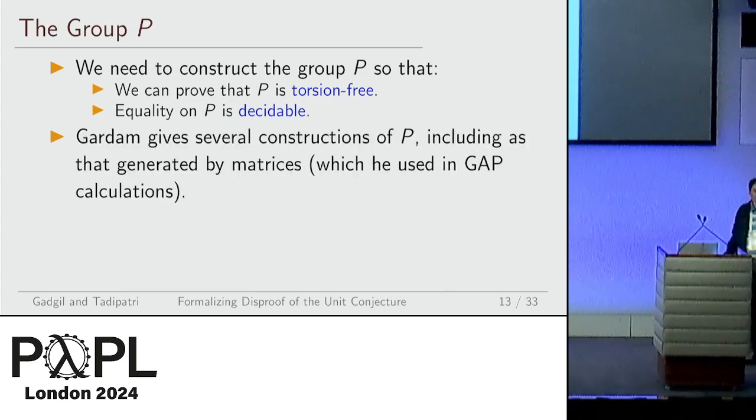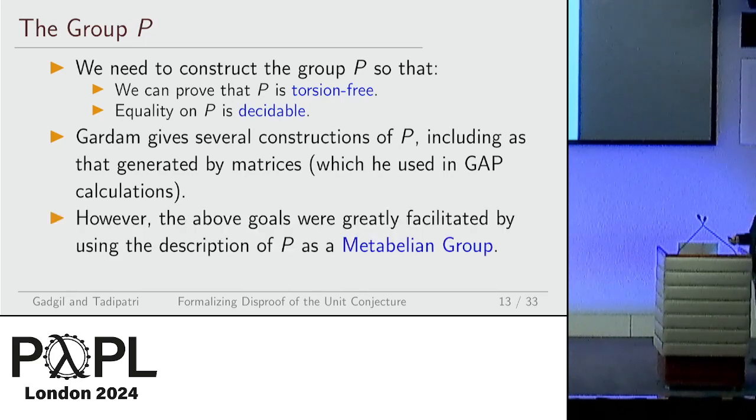Gardam gives lots of examples, descriptions of this group. They've been known for a while. It's in fact a three-manifold group, a crystallographic group, and he gives a description generated by matrices and uses this with GAP, etc. But for us, what turned out to be the best was a description as a metabelian group. I'll say what metabelian groups are. This worked very well for both goals.